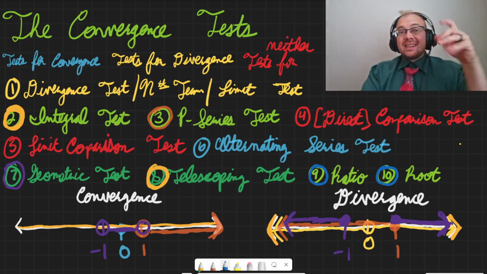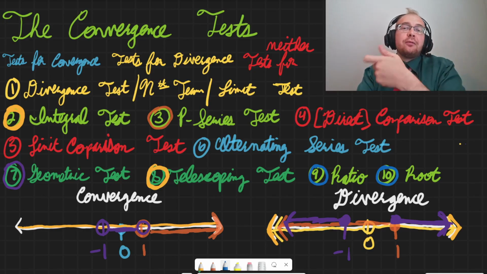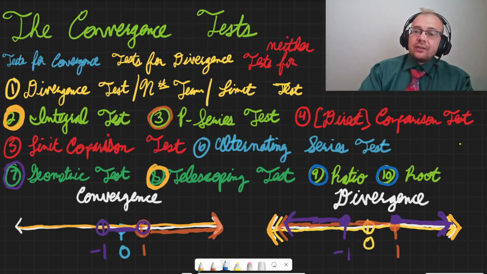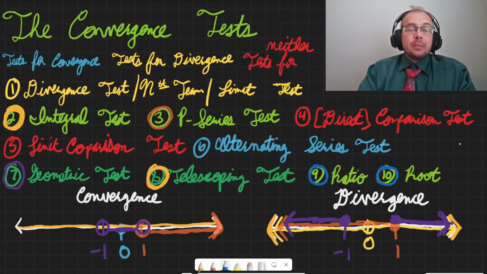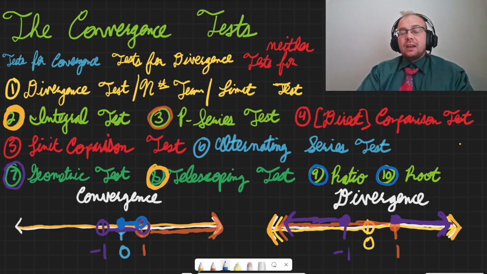But the result of that, you take the limit of the absolute value of the result, and if that result is between 0 and 1, because you're taking the absolute value, it can't be less than 0. If that result is between 0 and 1, not including 1, but it could include 0, then it converges.